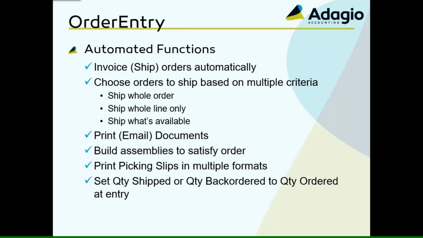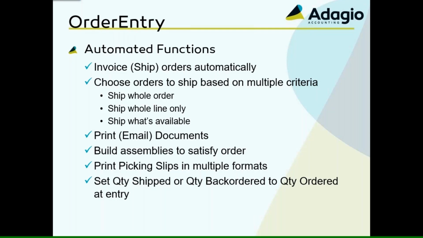You can say when you're choosing it to ship only the whole order. So only ship the order if the entire order can be satisfied. Only ship a line on an order if the whole line can be satisfied. So only ship 5 bicycles if I have 5 bicycles in inventory, or just ship what's available.